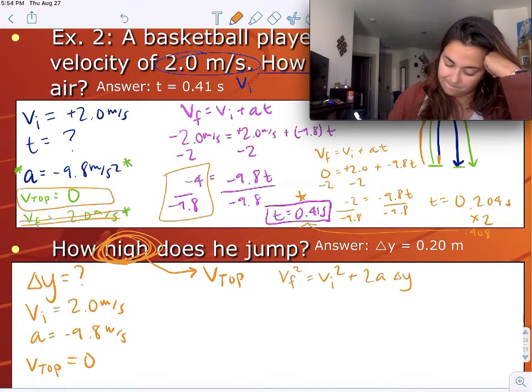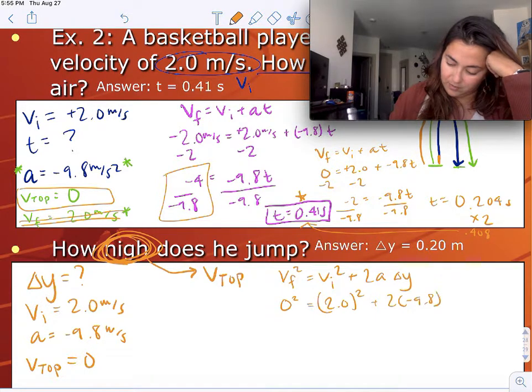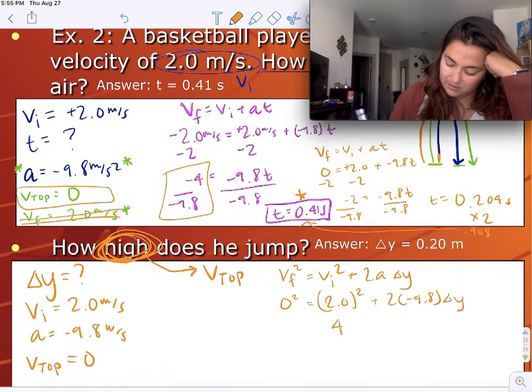So since I have initial velocity, I'm going to use velocity final as my velocity top. 0 equals 2 squared plus 2 times -9.8 times delta y. Gonna have to do some algebra.